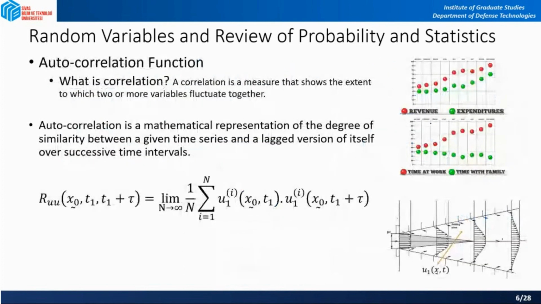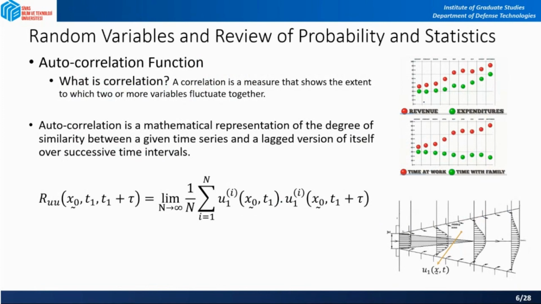So what is autocorrelation? A correlation is a measure that shows the extent to which two or more variables fluctuate together. For example, you can consider that a company's expenditures will likely increase if its revenue goes up.